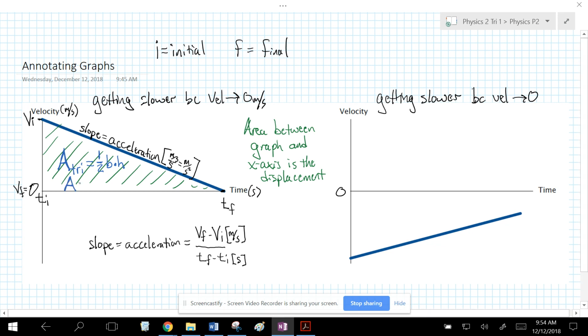And then I can kind of write that based on the actual labels I have here. I'm going to have 1/2. The base is TF minus TI, right? That's going to give me the base.